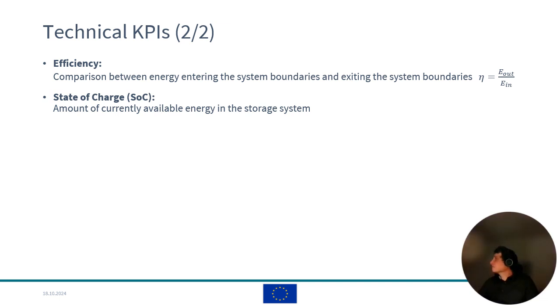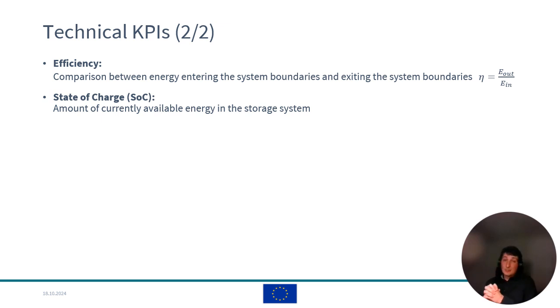State of charge can become a little tricky, for example, when we are talking about a heat storage system. Just think of your hot water storage that you need when taking a shower, something that's standing in your cellar, maybe.